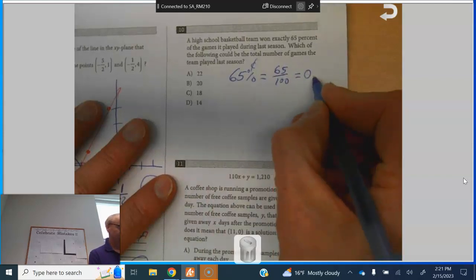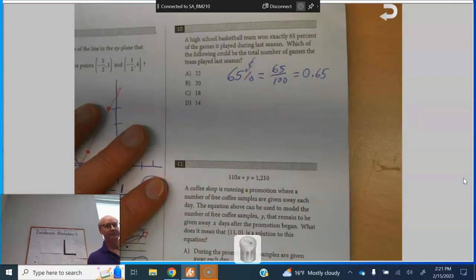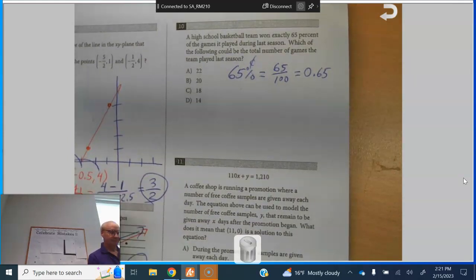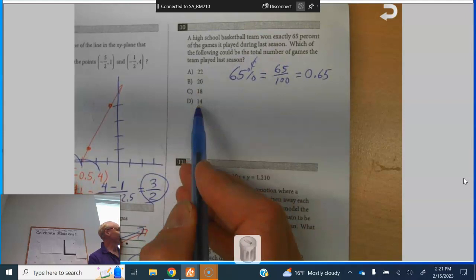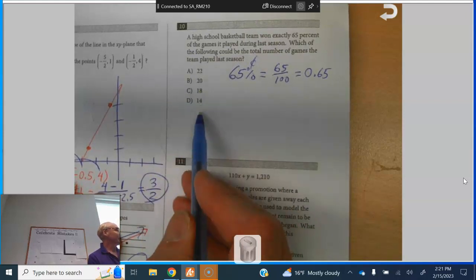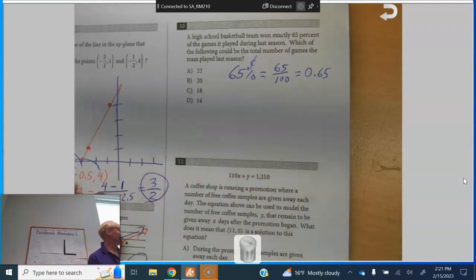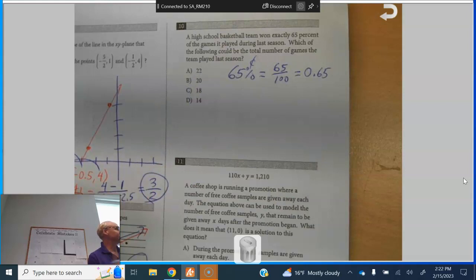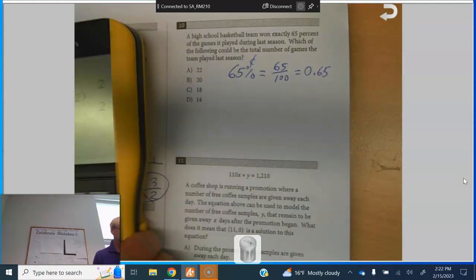So I can also write it 65 cents. Now, one of these is the total number of games they played, and they won exactly 65% of their games. So I'm going to take 65% of each of these and see which one looks possible. Try it. Of means multiply, so we just multiply the percentage to get 65%.